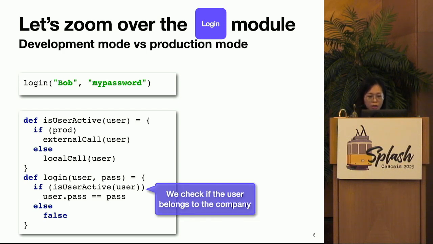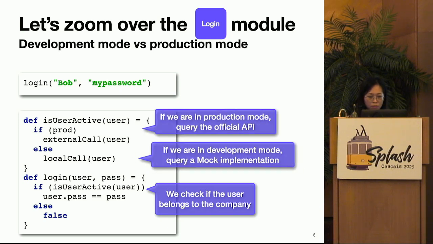And the user is active is going to consume an external web service if you are in production mode. But if you are in development mode, then you don't want to consume the external web service. Maybe you just want to return true or false with a local code.